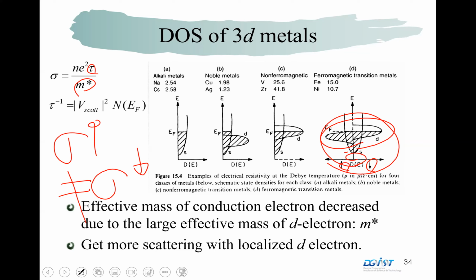So it's natural that one spin is more conductive and the other spin is less conductive in ferromagnetic materials. That's a very important feature, and we're going to use it for many applications.